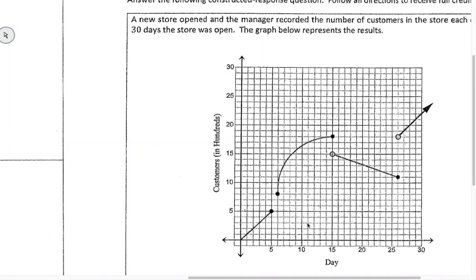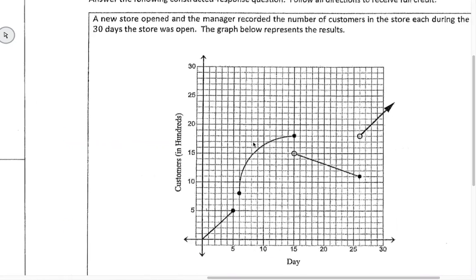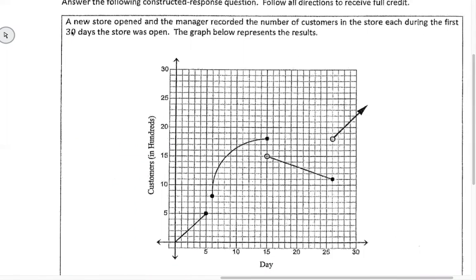Because it's talking about the days that it was open. I know this graph looks confusing, but the problem says 30 days that it was open. So the domain would be 0 to 30. And if the store didn't close in the first 30 days, then you could write x is greater than 0.